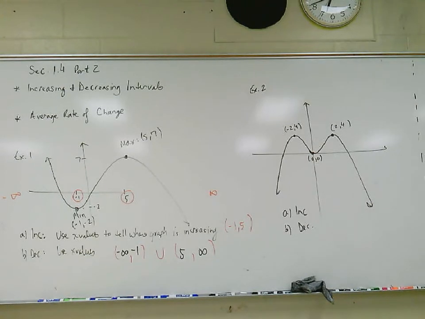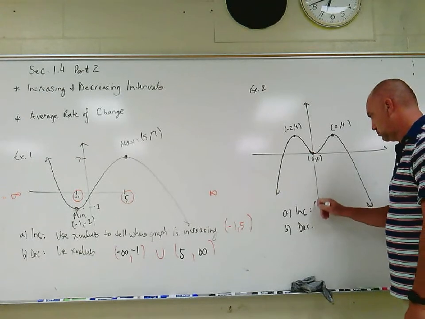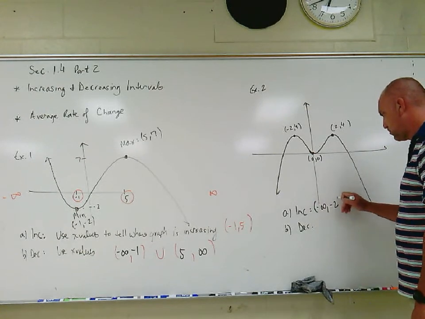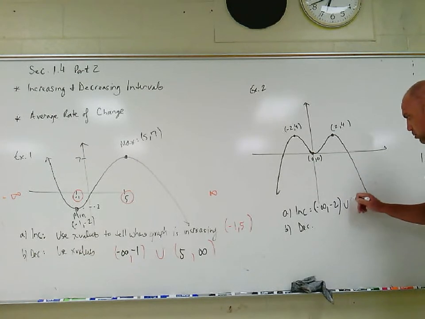Okay, so let's try this one. All right, who would like to give the increasing interval? Allison, okay, give us your increasing intervals. All right, -infinity to -2. All right, then I'll put a union symbol, then 0 to +2. Does everybody see that?